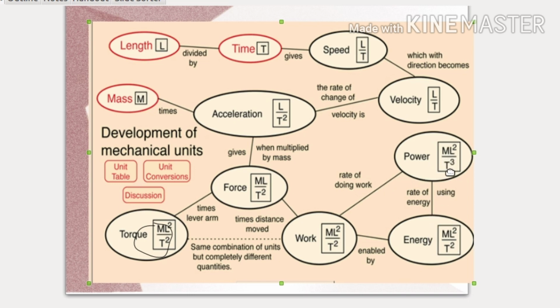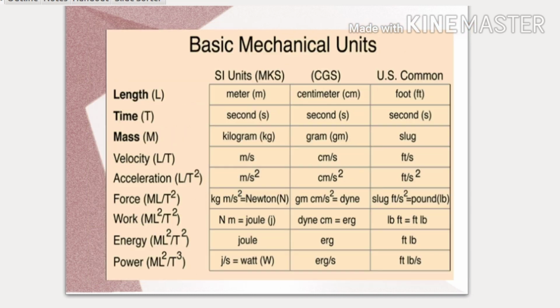Now we have a chart of basic mechanical units. In brackets their dimensional formulas are written: length, time, mass, velocity, acceleration, force, work, energy, power. You have studied it.